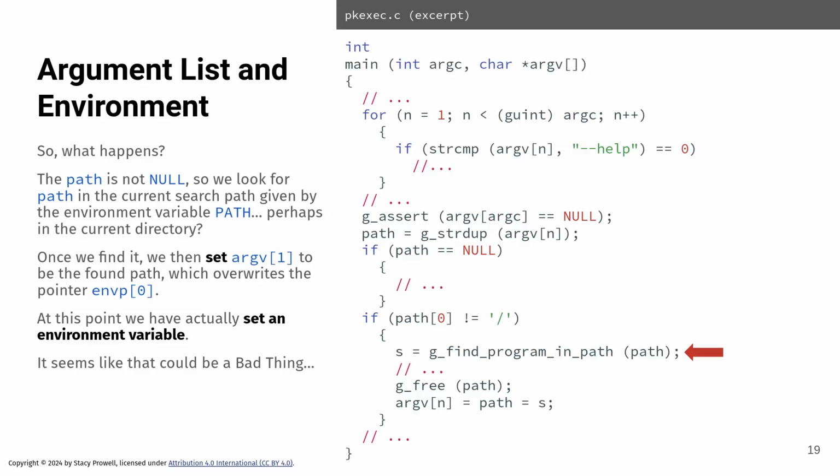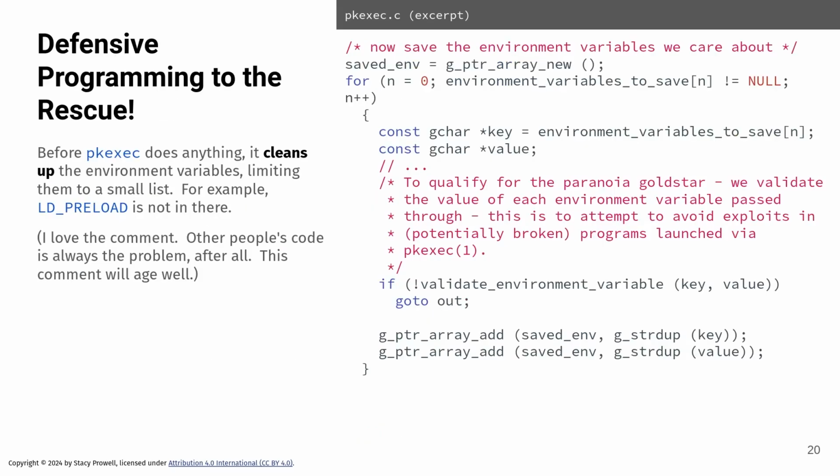Now, that could be a bad thing depending upon what that environment variable is. I might be able to push back in an exploitable environment variable using this trick. Okay, if you keep reading in the pkexec code, you'll see this.